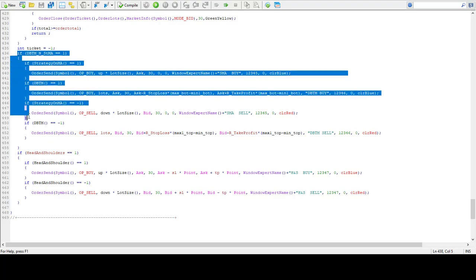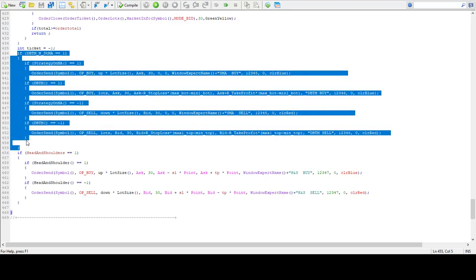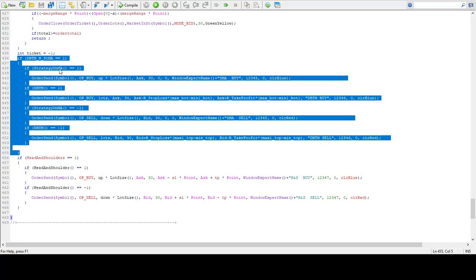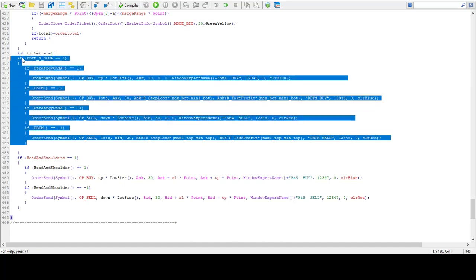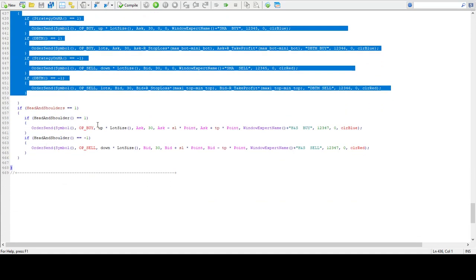Later on, we also open orders based off of which of the algorithms are being used, as well as here. This section is for head and shoulders, this section is for double top and double bottom, and strategy on the moving average.